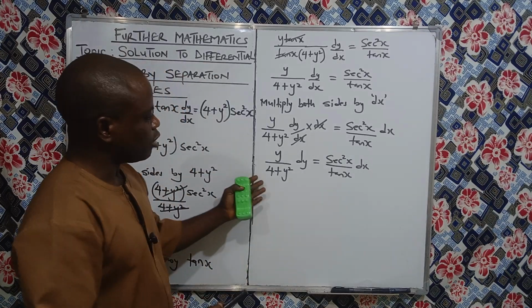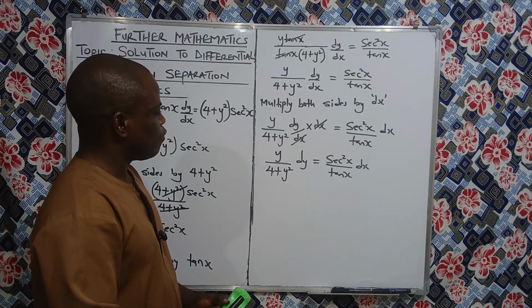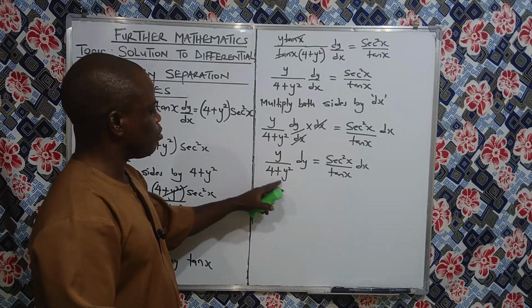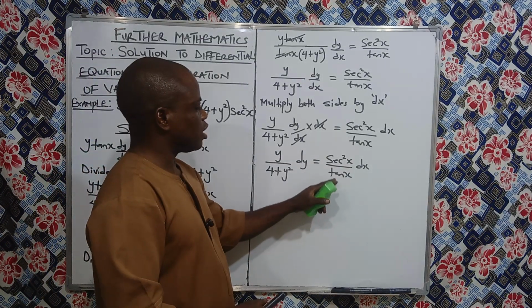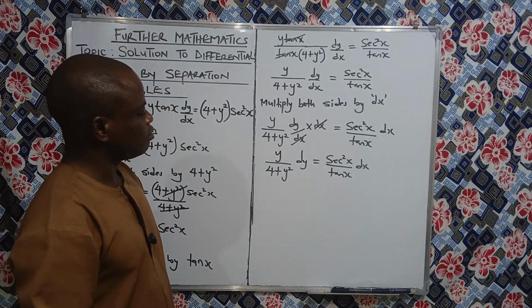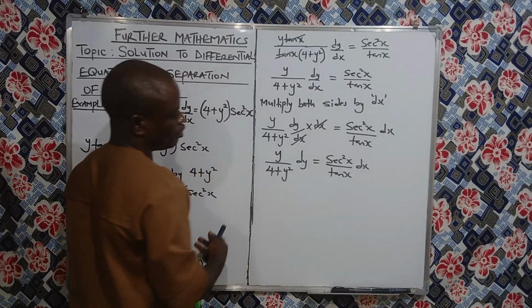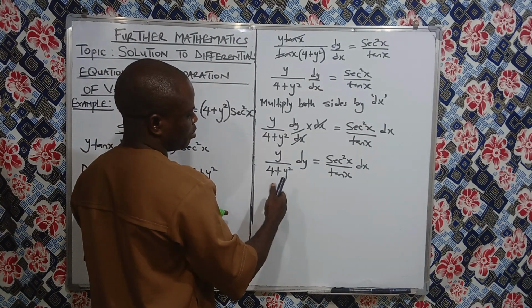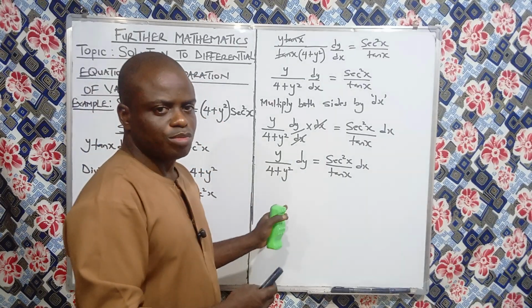Now we'll carry out separation of variables. You can see y over 4 plus y squared dy equals sec squared x over tan x dx. Okay, you can see we have carried out separation of variables. Similar expressions have been put where they need to be.